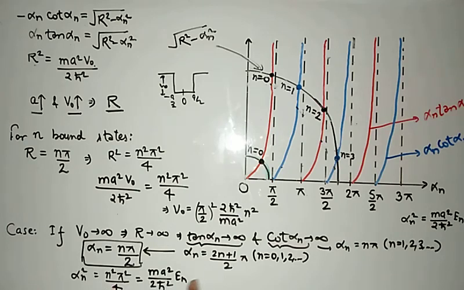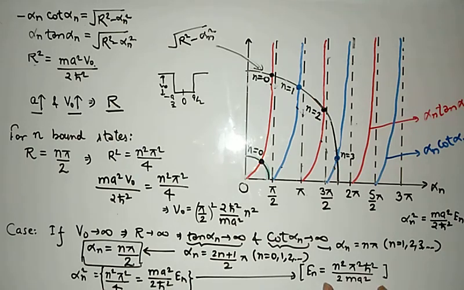Now using this we will find en. What is en? From here, n square pi square h cut square upon 2m a square, and this is the energy expression for the infinite well. So we get this using the finite well also. That's it.